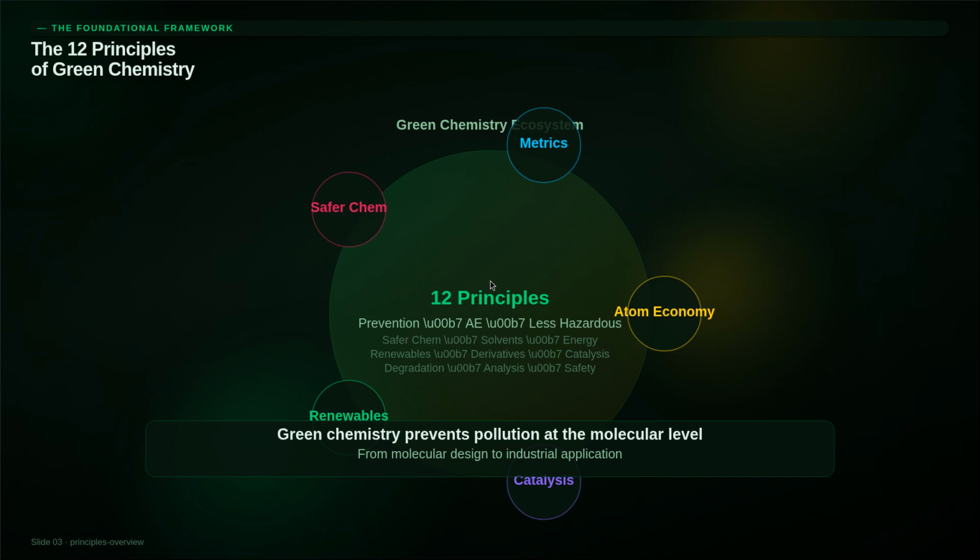Principle 6. Energy efficiency. Conduct reactions at ambient temperature and pressure whenever possible. Principle 7. Renewable feedstocks. Use renewable rather than depletable raw materials. Principle 8. Reduce derivatives. Minimize protecting groups and temporary modifications. Principle 9. Catalysis.